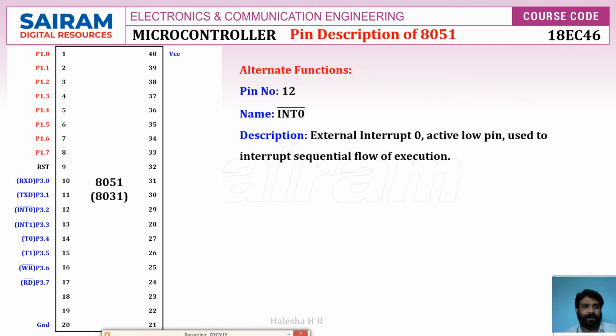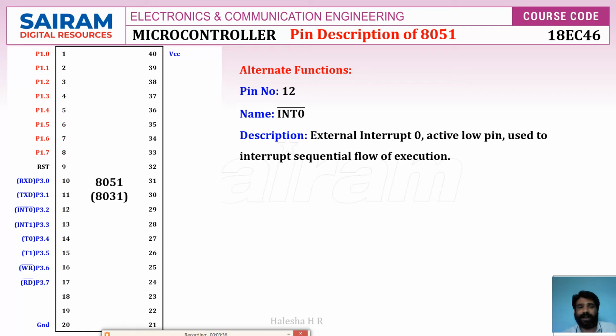And then pin number 12, INT0 complement, means an active low signal. It is external interrupt 0. It is an active low pin used to interrupt the sequential flow of execution. As you know, an interrupt is an event which alters the normal sequential flow of execution.